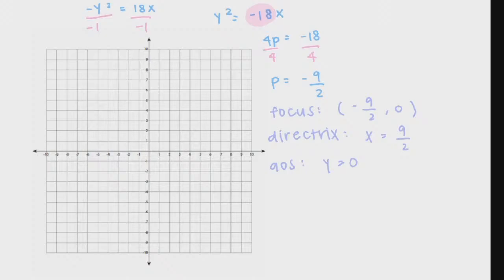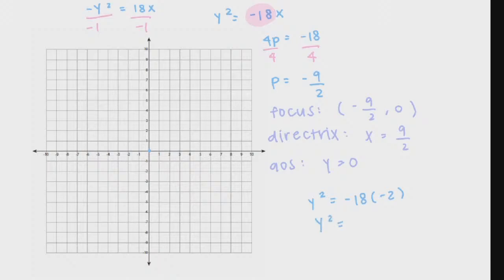So we're going to start at 0, 0. And I want to plug in a point for x that will make the number a perfect square so that I can square root it. So I'm going to choose negative 2 because 18 times negative 2 will equal 36.